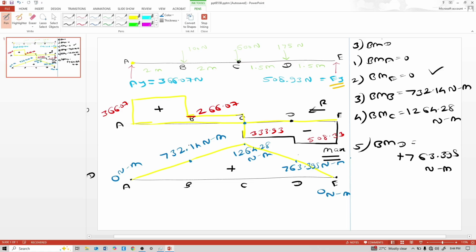So our values are correct and the SFD and BMD shapes are also correct.